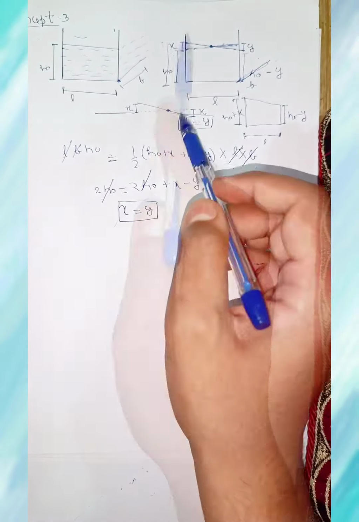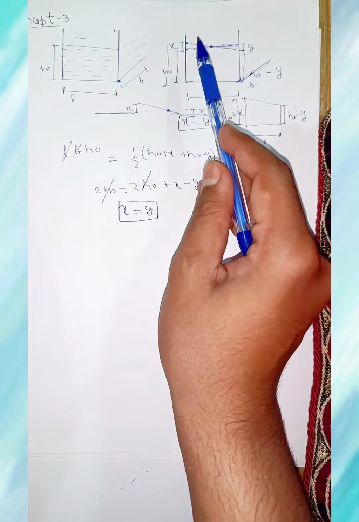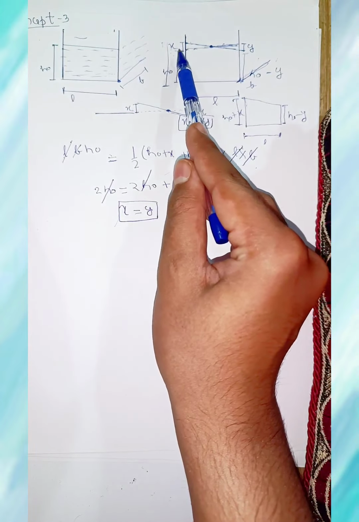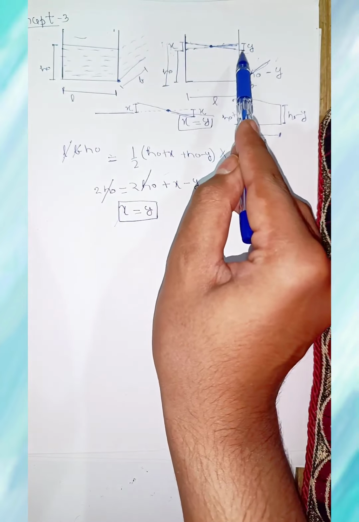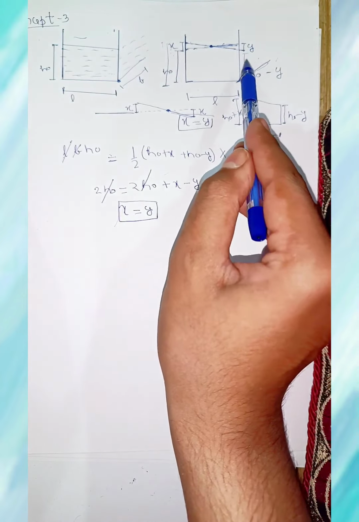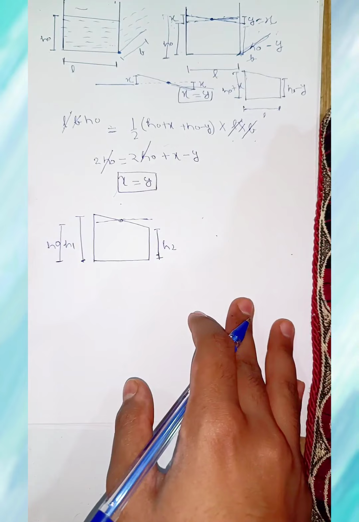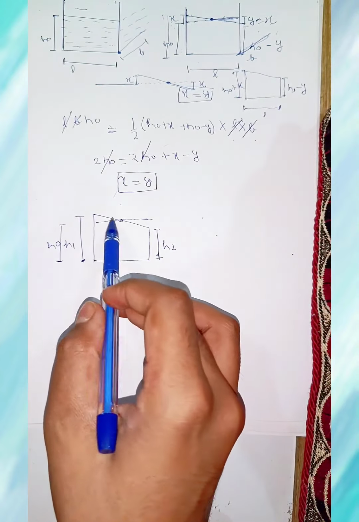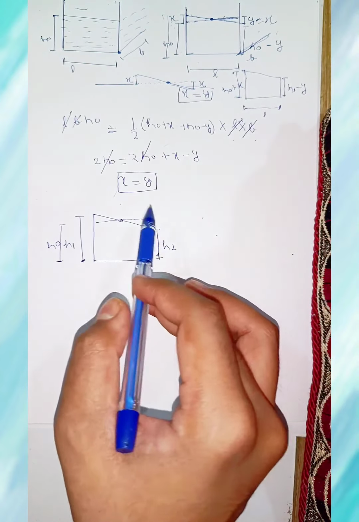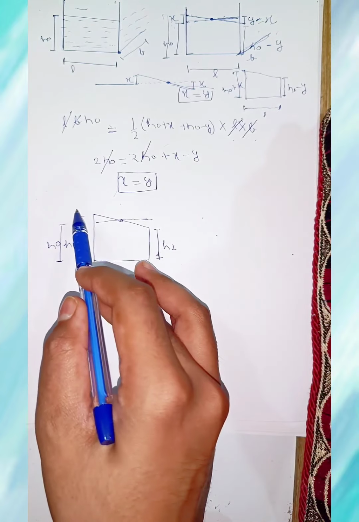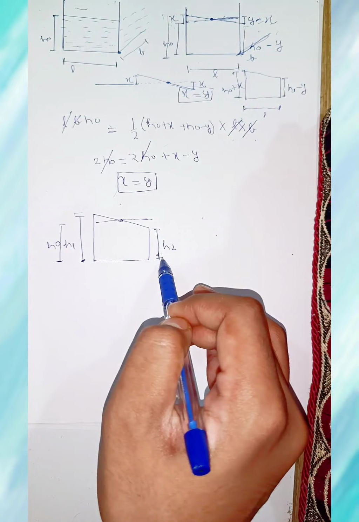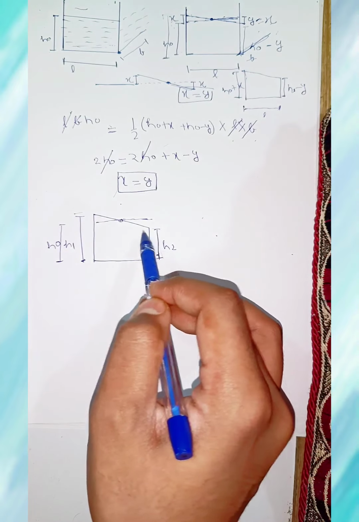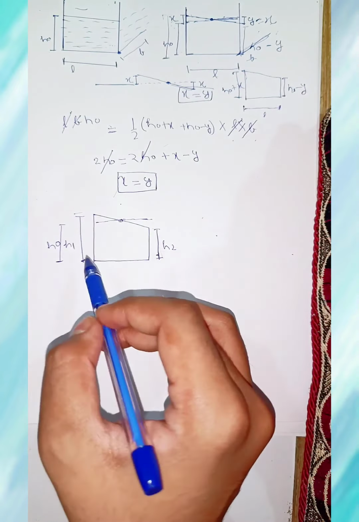If it rises by a height x with respect to the earlier condition, then it also falls by a depth of x only. Now here is a small question. Suppose this is a section of an accelerated vessel. This whole height is h1, and this whole height of this section is h2, up to which water has been inclined.